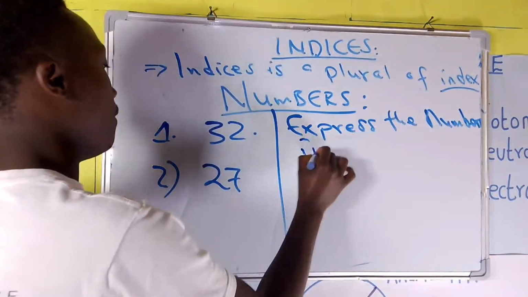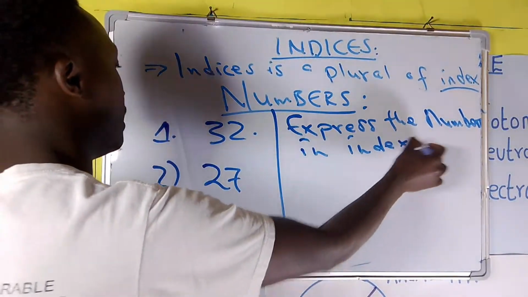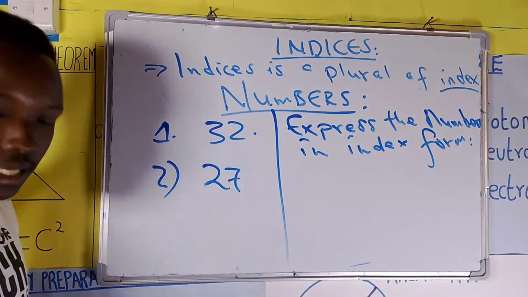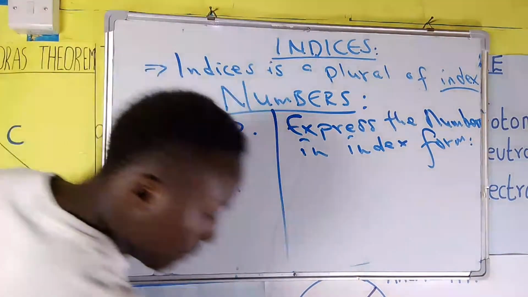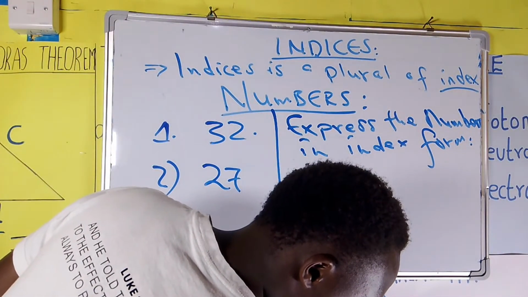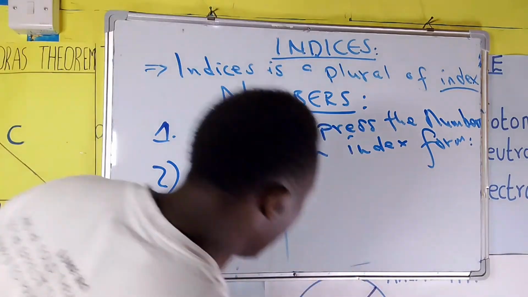We express the numbers in index form. So how do we go about expressing the numbers in index form? This is what we do.